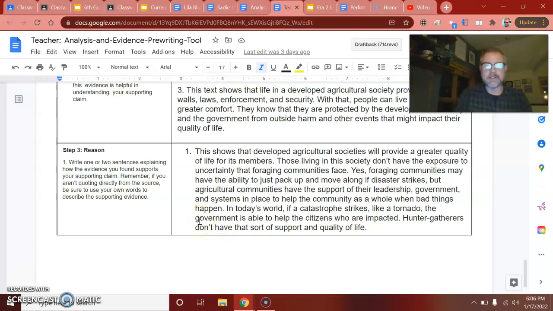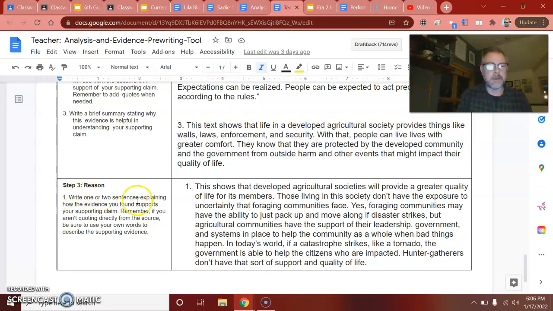I'm not going to read the whole thing. I just want you to understand that this is where we write a few sentences explaining how it supports our supporting claim and ultimately our major claim. It all links back to that.